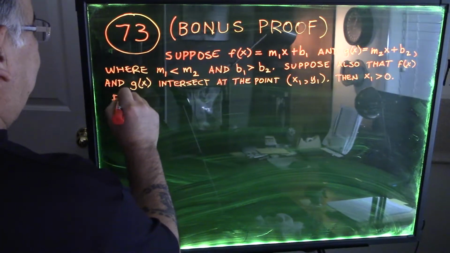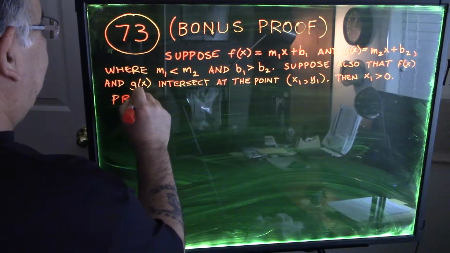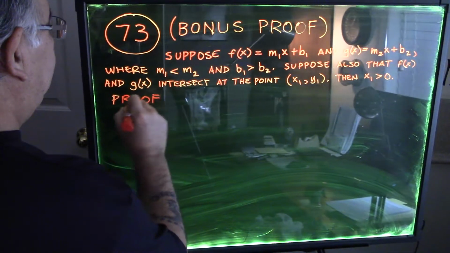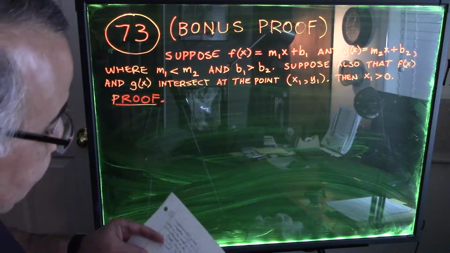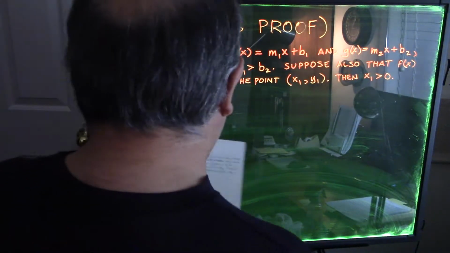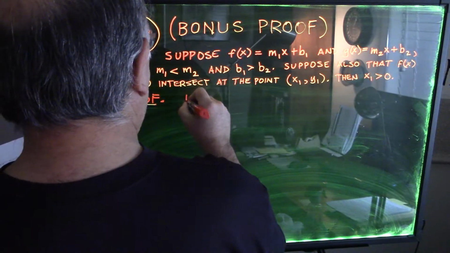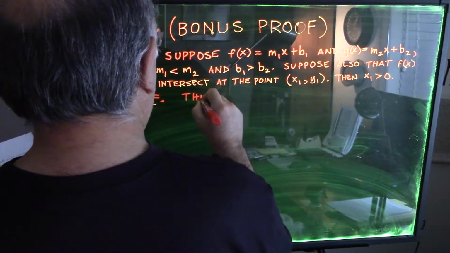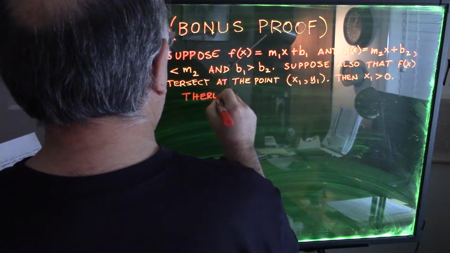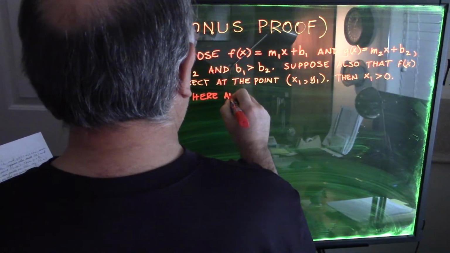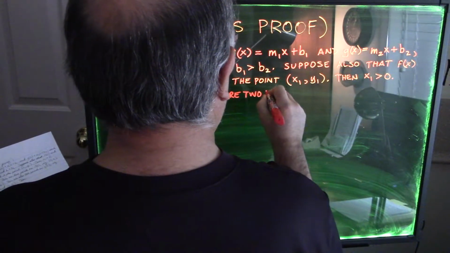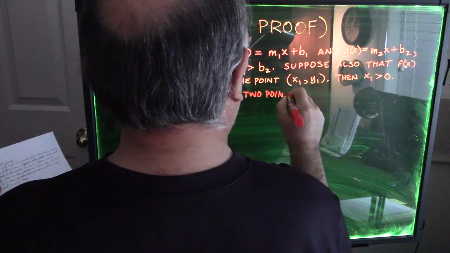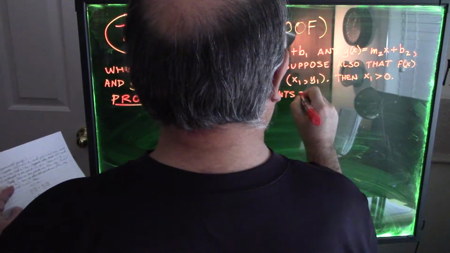So I will write proof. All right, so there are 2 points on f of x. These 2 points lie on f of x.